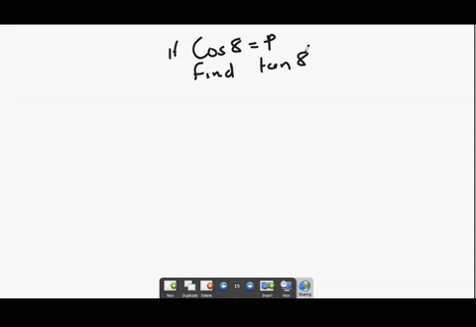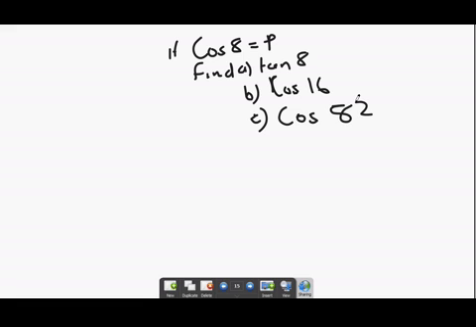Tan is fairly simple. Then b, find cos 16. Interesting. Where did the 16 come from? And then c, I'm just going to do 3 here, cos 82. Wow. So these are all numbers.